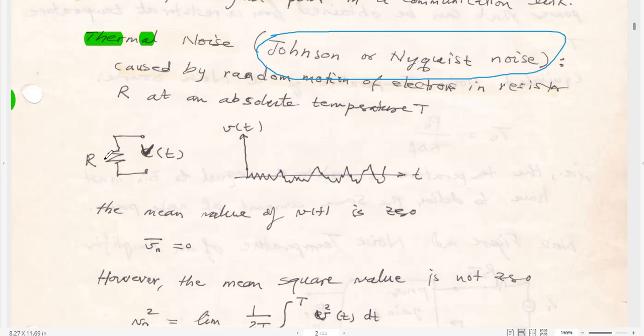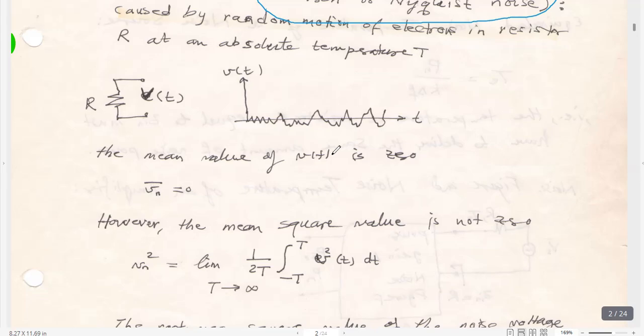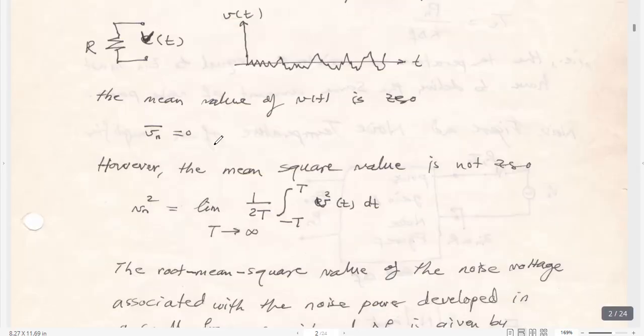We have a resistor here, R, and due to the random motion of electrons, there would be an instantaneous random voltage between the terminals of the resistor without a source, because the thermal noise itself will be like that. As you can see, the average value of the thermal noise is 0, but it has power, of course.